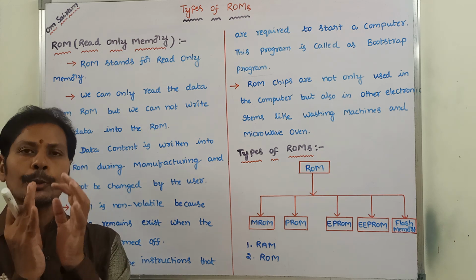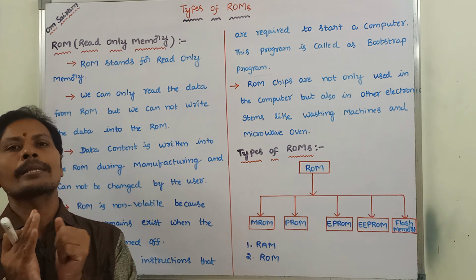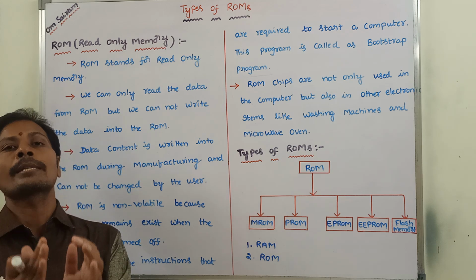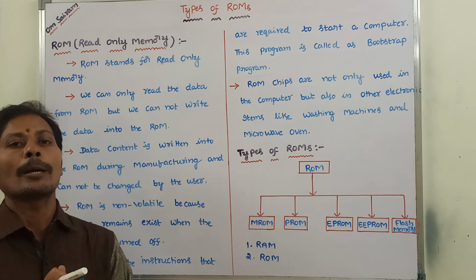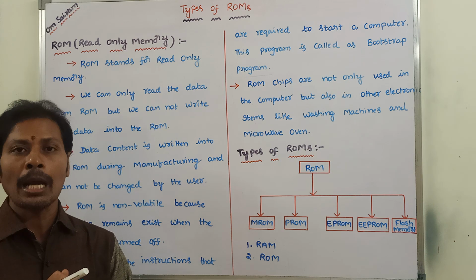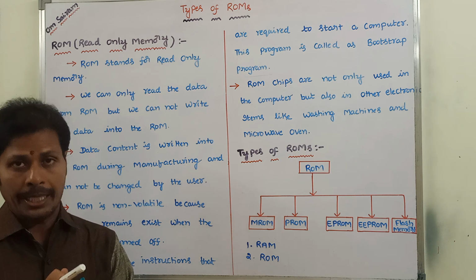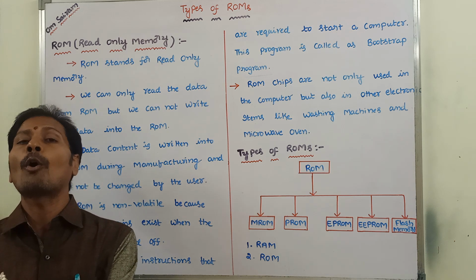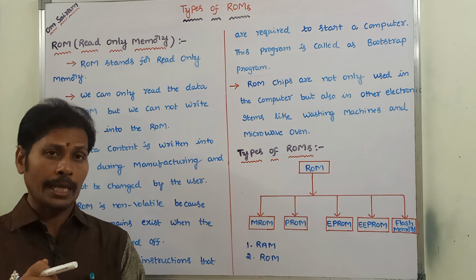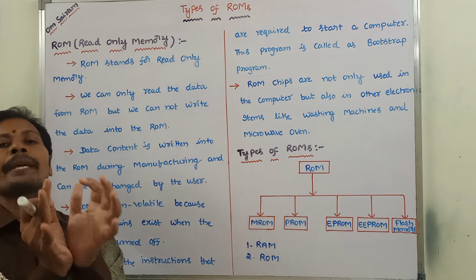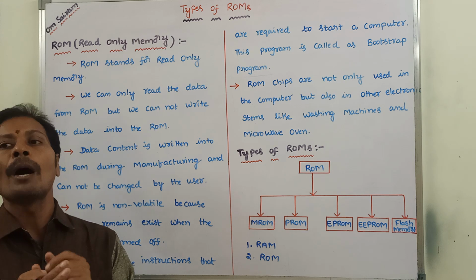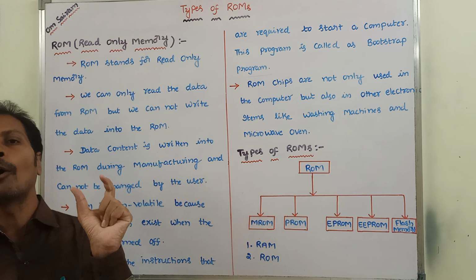That program is called the bootstrap program. It is loaded into the computer or laptop while manufacturing. That program cannot be modified by the user. This program is loaded into that computer or laptop while manufacturing only.